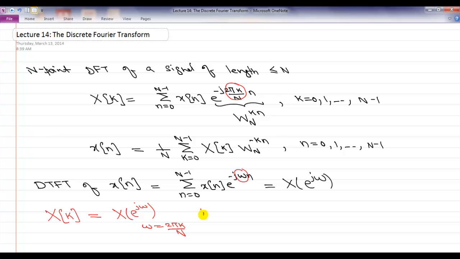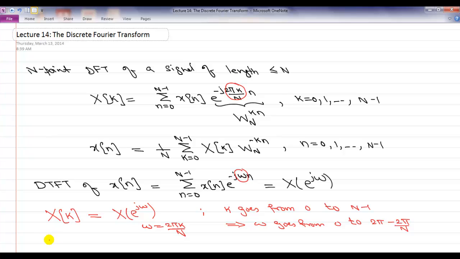So we said as k goes from 0 to N minus 1, this means that omega goes from 0, so 2 pi times 0 over N, that's 0, to 2 pi minus 2 pi over N. So it's like we are sampling the little omega axis from 0 to 2 pi.